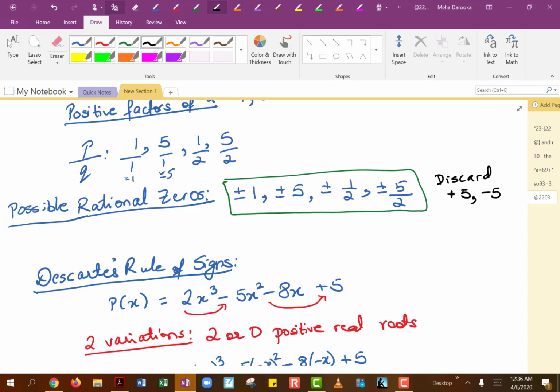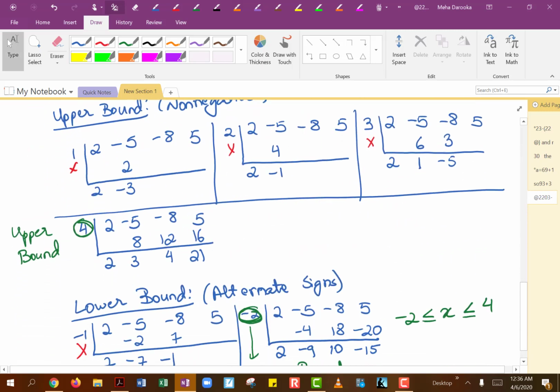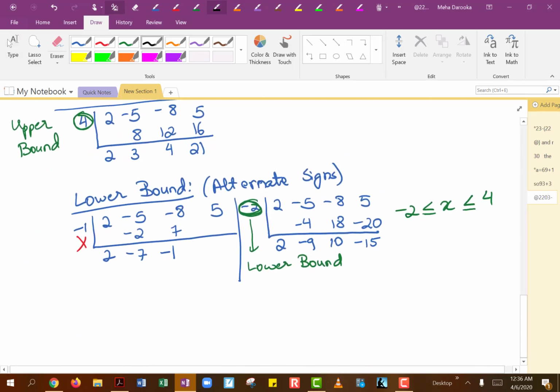Positive 5 over 2, which is again, as I told you, 2.5. Positive 2.5 is okay, but negative is not, which means I am also discarding negative 5/2 because negative 2.5 or negative 5/2 is going to be outside of this theorem of bounds that we just calculated. Okay?